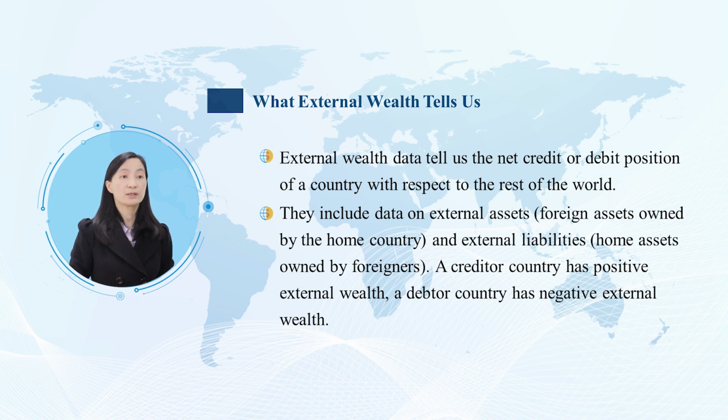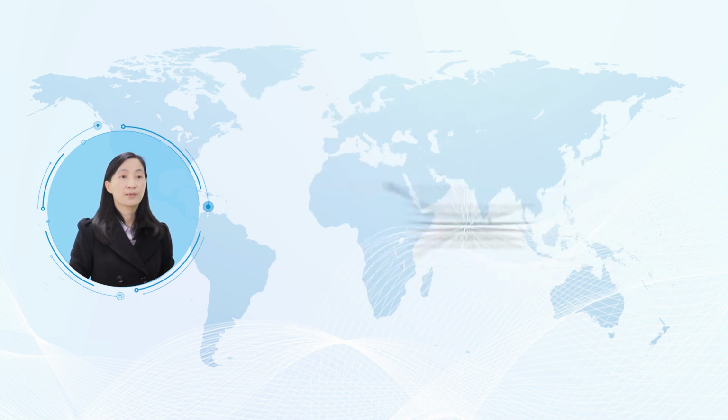External wealth data tell us the net credit or debit position of a country with respect to the rest of the world. They include data on external assets, foreign assets owned by the home country, and external liabilities, home assets owned by foreigners. A creditor country has positive external wealth, a debtor country negative external wealth. What drives external wealth?